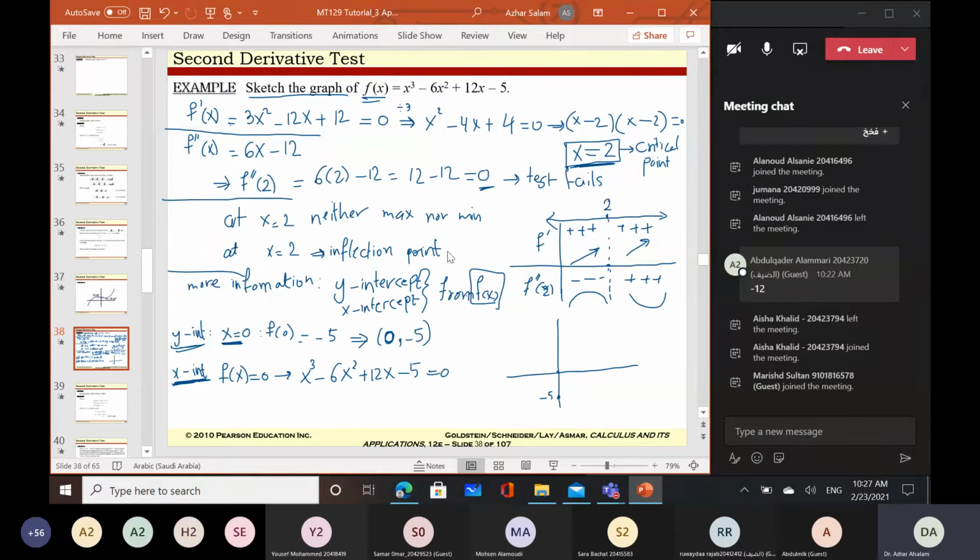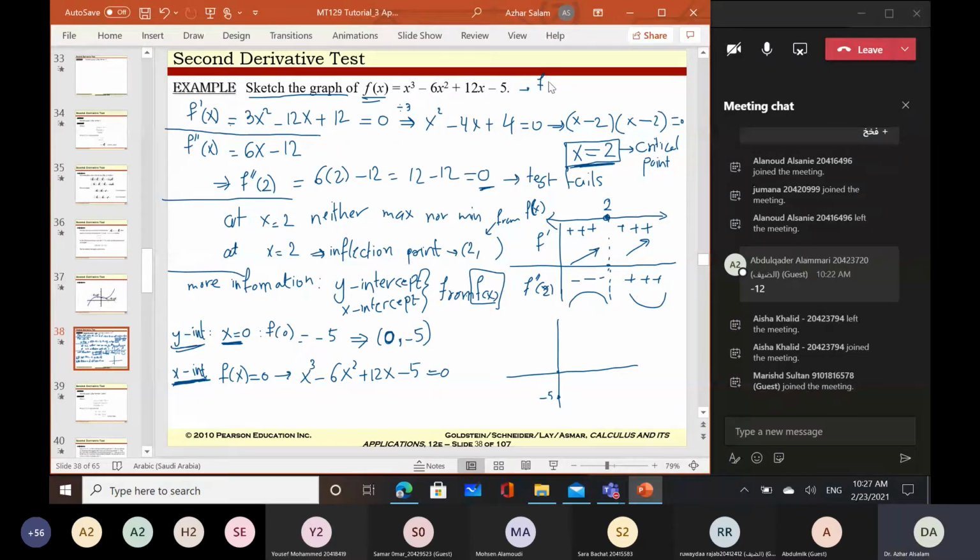Here for the inflection point, I need actually the y coordinate from f of x, not f dash, f of x. I will find the y coordinate here to locate the inflection point.